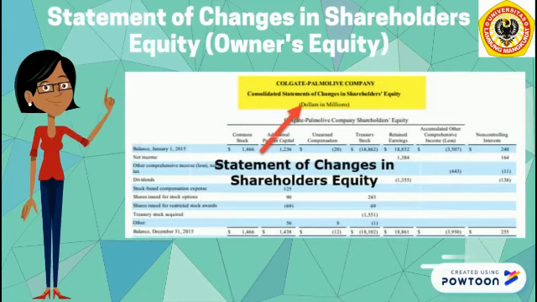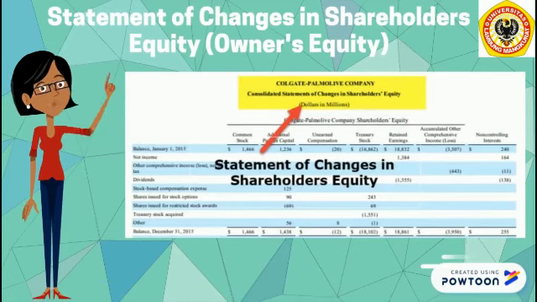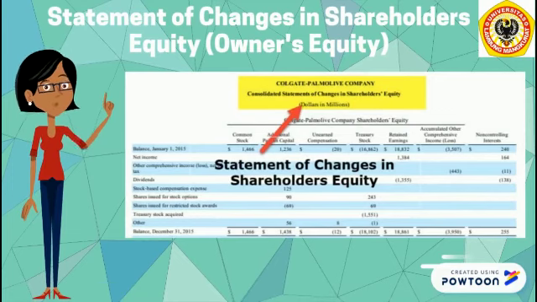Common stockholders are the owners of the company. 2. Additional paid-in capital means when the company receives a premium on the shares. 3. Retained earnings or loss accumulated from the previous period. In simple terms, retained earnings are the amount the company keeps after paying dividends from net income.